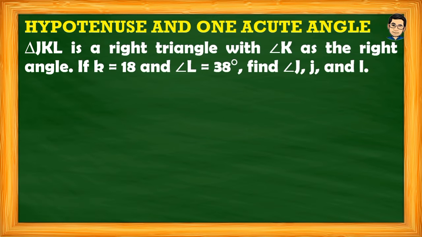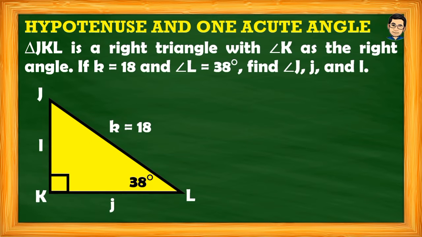If K is equal to 18 and angle L is equal to 38 degrees, find the measure of angle J, the measure of side J and L. Okay. So, yung illustration natin, ayan. As you can see dito, ito ang ating hypotenuse. And then, yung acute angle natin, ayan, 38 degrees.